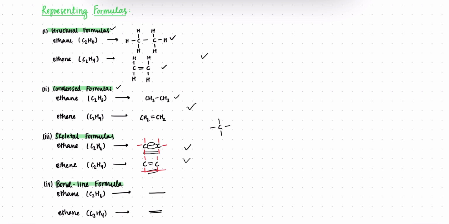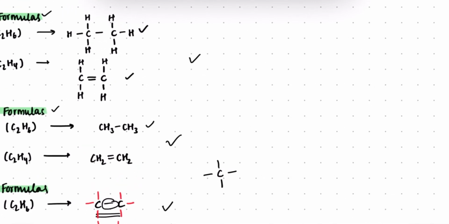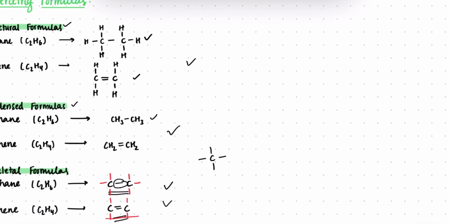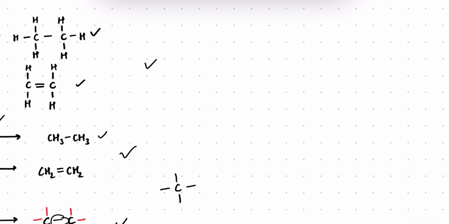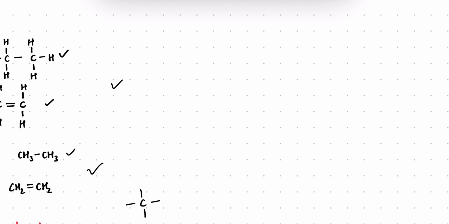So let's go for a bigger example here. Okay, this may not be that big, but it can show you what the different things are. So I'm going to go with two examples. One is an alcohol, and we'll go with something that you probably know, which is propanol.